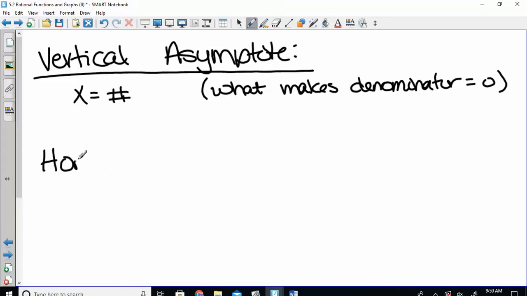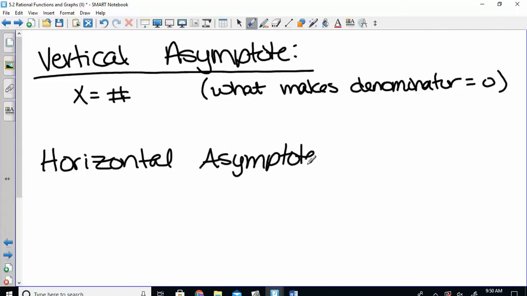Horizontal asymptotes. These are a little less clear-cut. They are always going to be y equals something. But the rule is actually going to be based off the degrees.